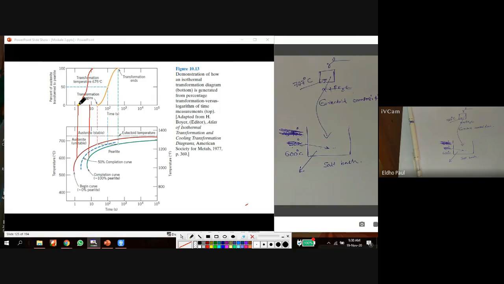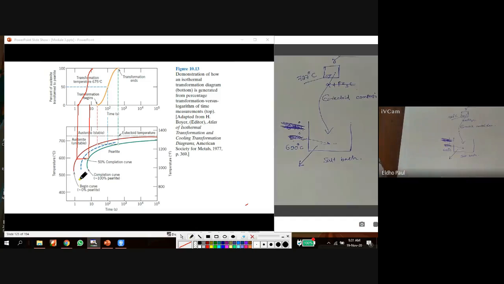Here at this point, it will be 100% austenite. At this point, it is 50% austenite. And at this point, the entire austenite is converted to another microstructure. Okay, so by drawing a line, we got at this point, 100% austenite, converted to 50% austenite and converted to 0% austenite. We got another line.